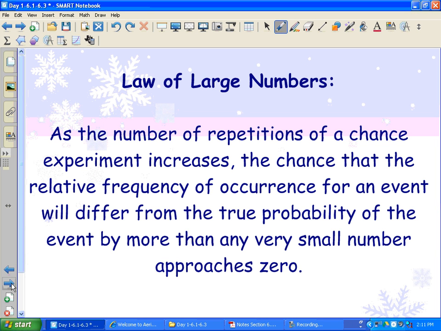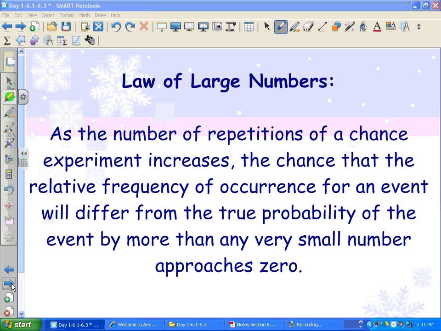Okay? So my relative frequency will approach the theoretical probability. Again, relative frequency gets close to the theoretical probability.